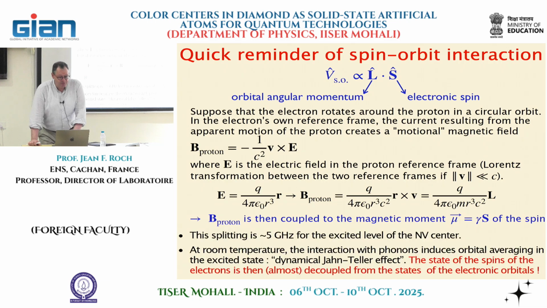Okay, just a quick reminder of the spin-orbit interaction. You can forget the calculation, but the spin-orbit interaction, for the specific case of the NV centers, will be around 5 gigahertz. So this is at low temperature, so something weak. If you remember the spin-orbit interaction, for instance, for sodium, it's huge.